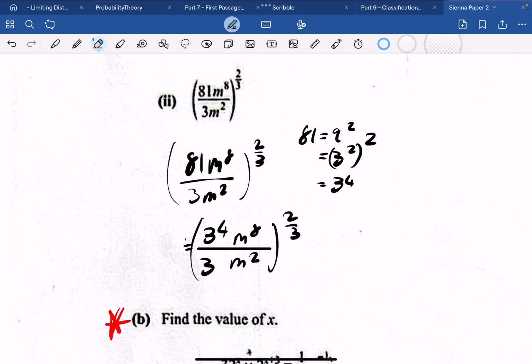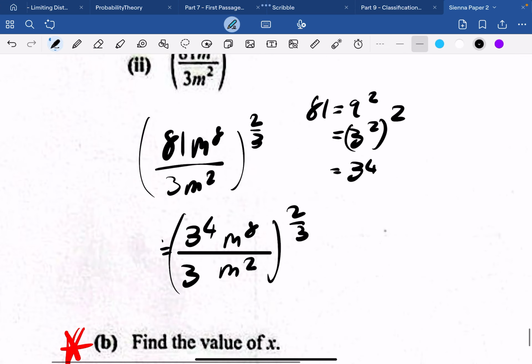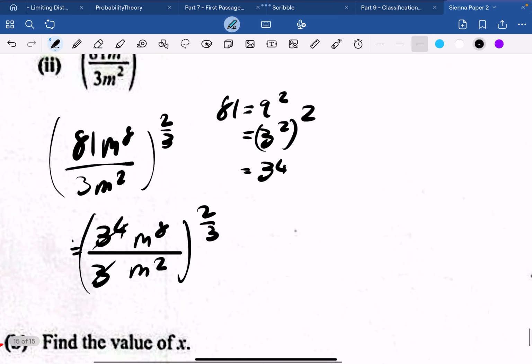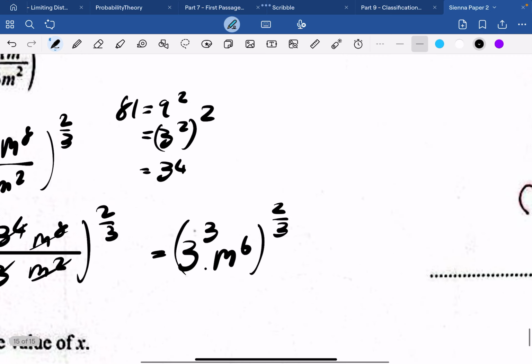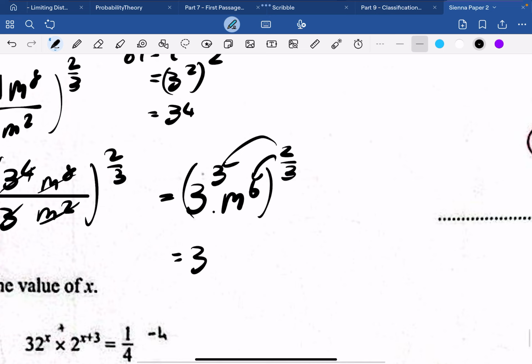Now before we deal with this bit, let's just deal with what we've got inside. That cancels with that, so we get 3 to the power 3. That cancels with that, times m to the power 6, all to the 2 over 3. Now we multiply that in. 3 to the power 3 times 2 over 3, that cancels, so we get 3 squared, times m to the power 6 times 2 over 3.